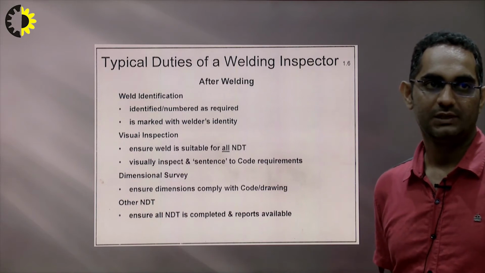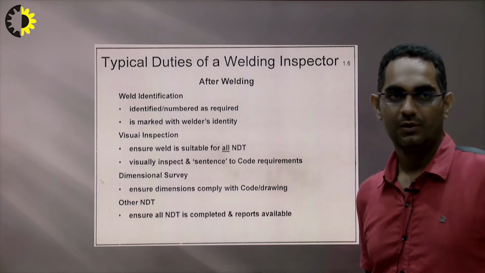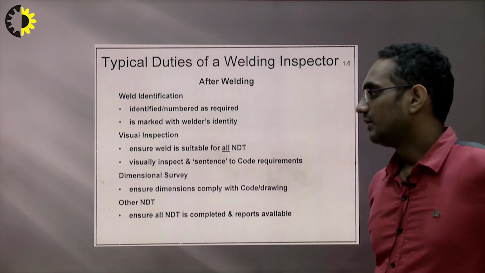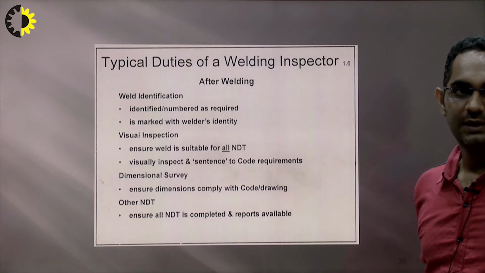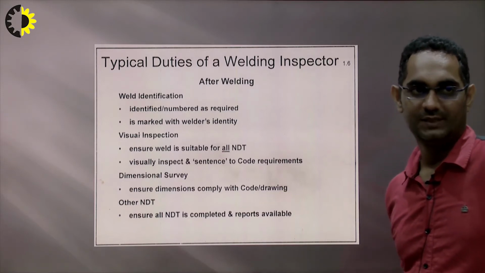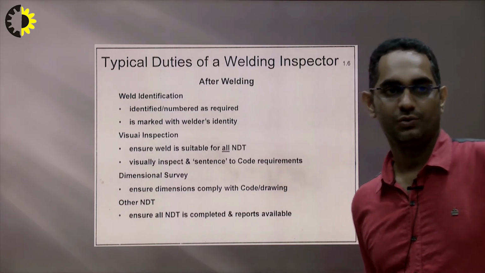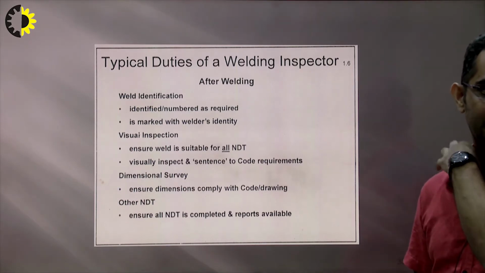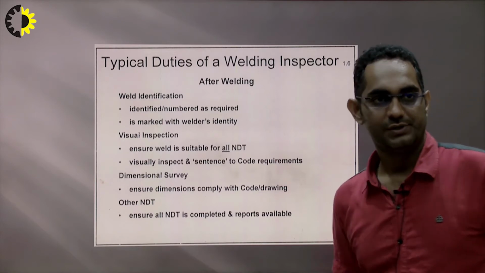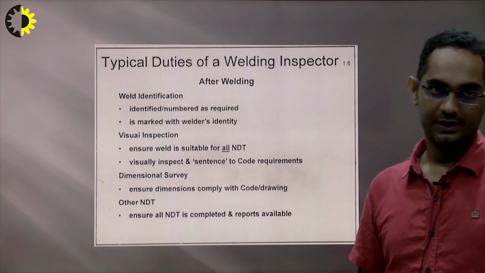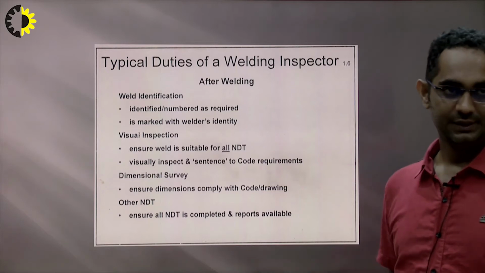Then visual inspection ensures the weld is suitable for all NDT and is visually inspected against the code requirements. Then the dimensional survey ensures the dimensions comply with the code and drawing. Then other NDTs ensure all entities are completed and reports are available.